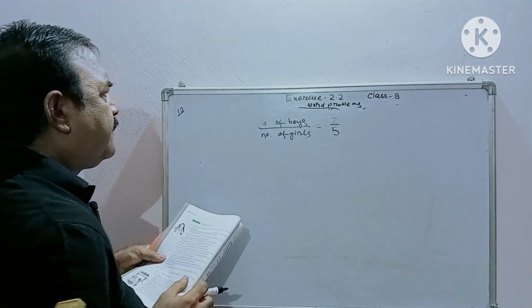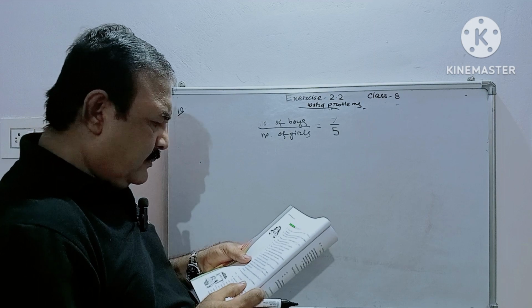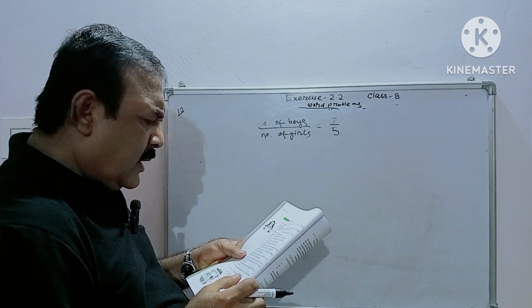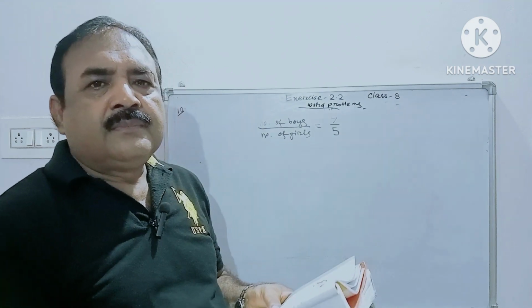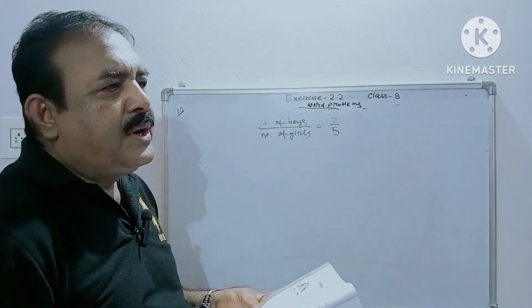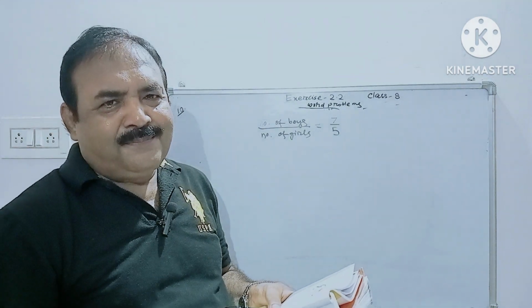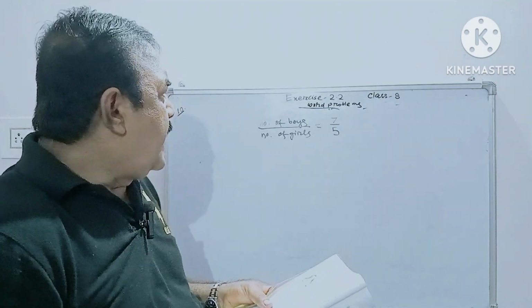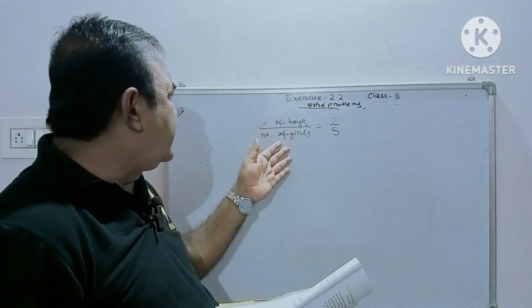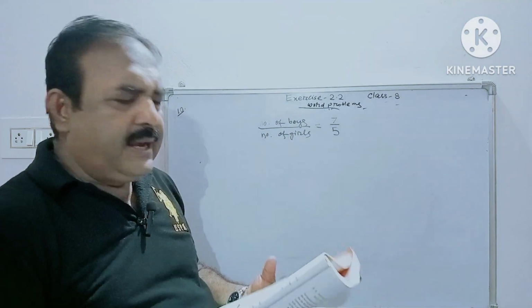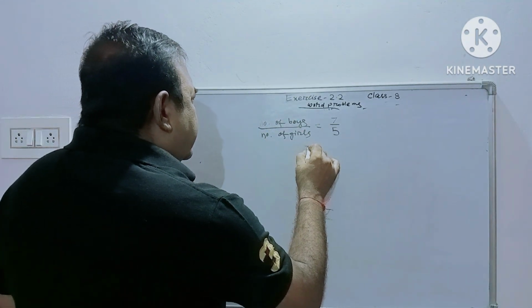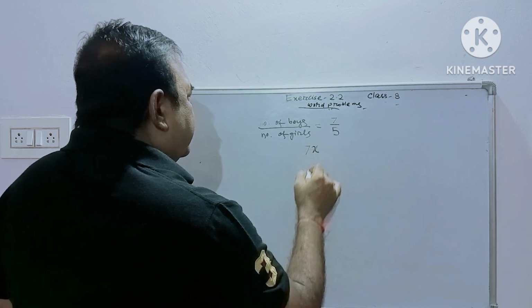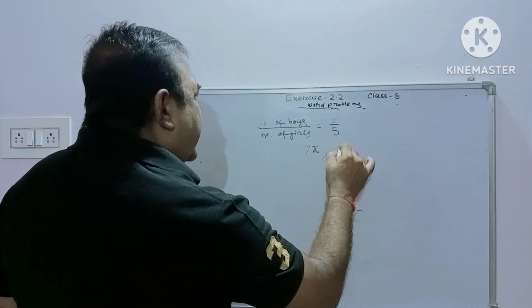That is 7 upon 5. And the number of boys is 8 more than the number of girls. Then the girls are more in number or the boys are more in number? The boys. And the difference between the number of boys and the number of girls is 8. So let the number of boys be 7x and let the number of girls be 5x.